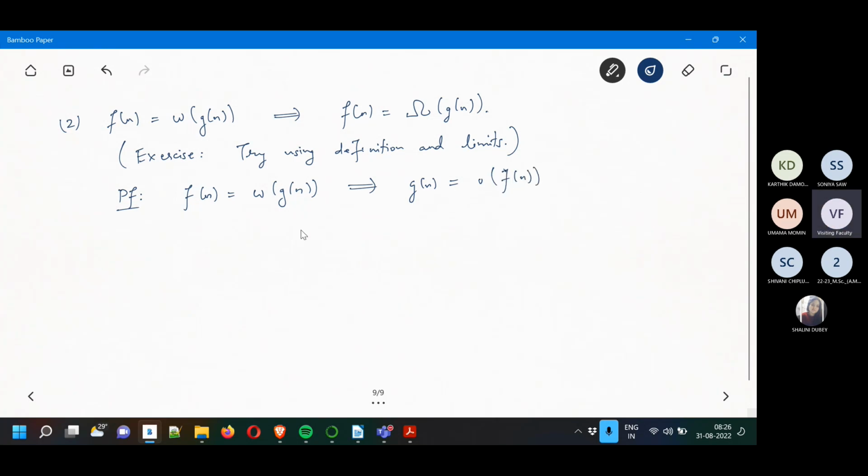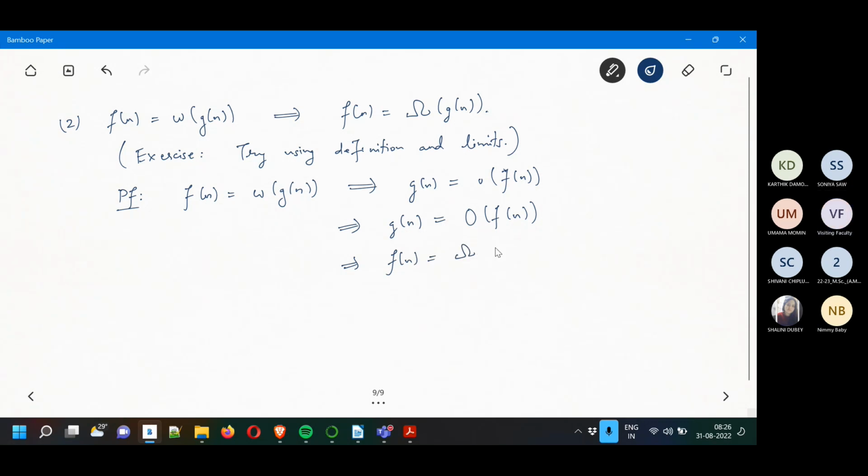But then by previous property, by what we just saw, this implies g n is big O f n. But then this implies f n is big omega g n.